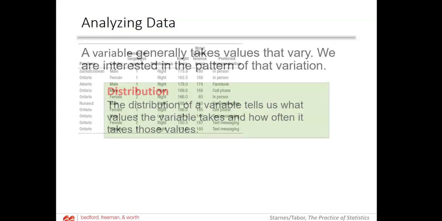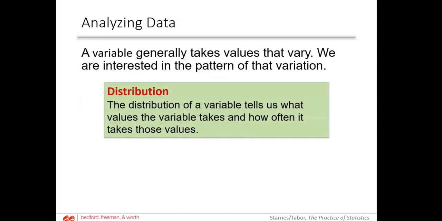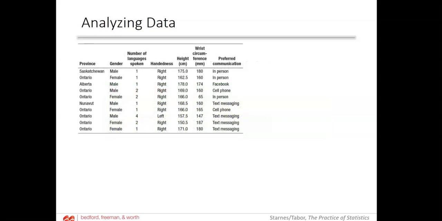Okay, so distribution is a word we use a lot, talking about the distribution of the data here. Oftentimes we'll represent this as a graph of some kind. Sometimes it's a table, but how often it takes that information. So here's a table of data. You can see what the subjects look like they are here.